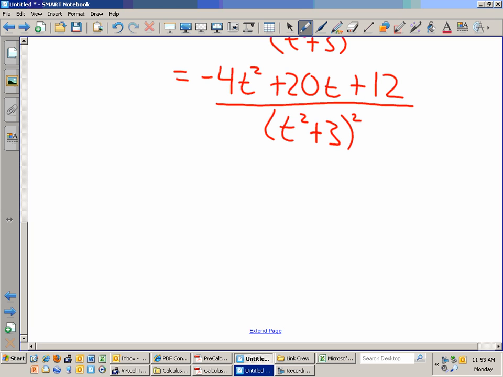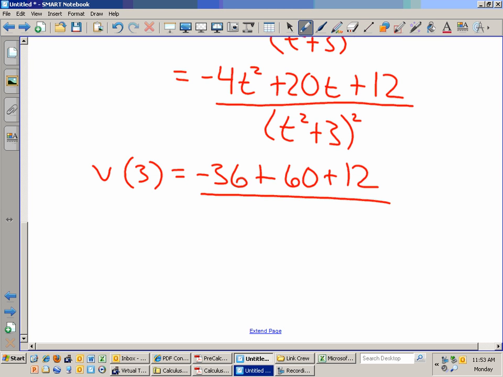So we'll do some work here. V of 3 is equal to negative 4 times 9, which is negative 36, plus 60 plus 12, divided by 144. God, who made up this problem?